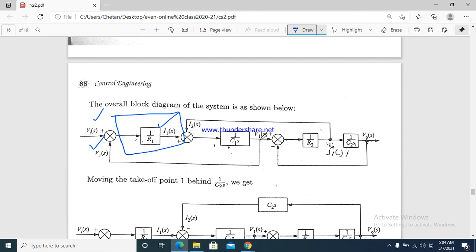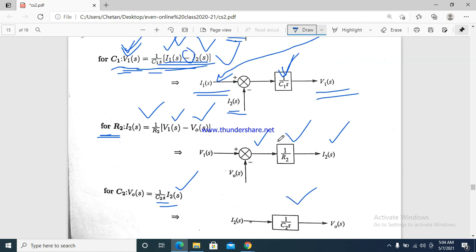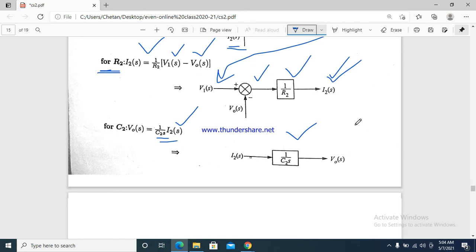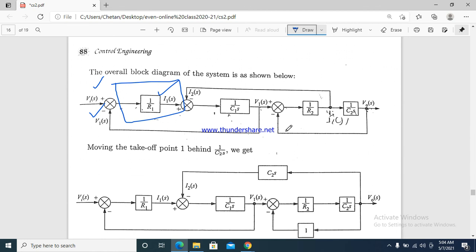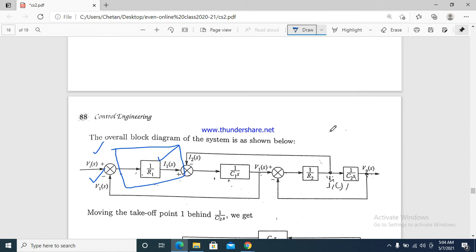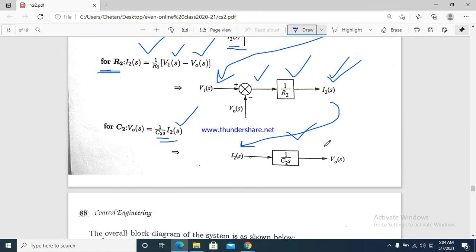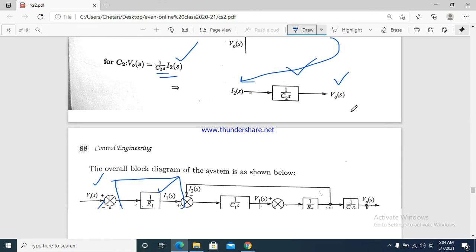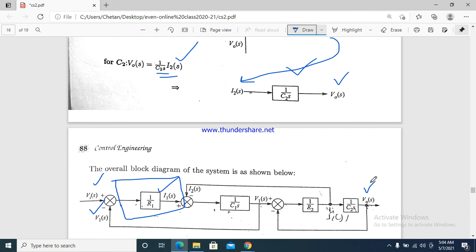The output of the second element is V1 of S, and it is the input for the third block. The output of the third block is the input for the fourth block, I2 of S. At the output side you will get V0 of S.